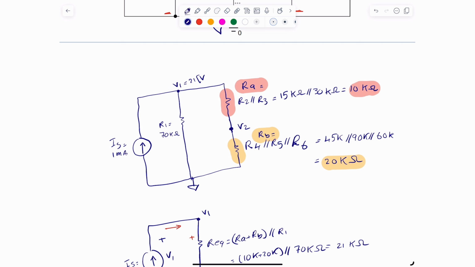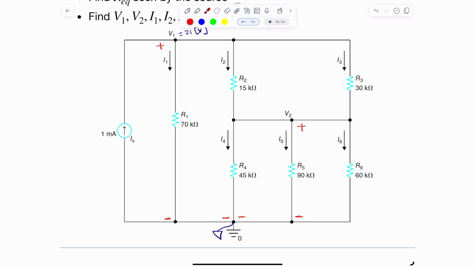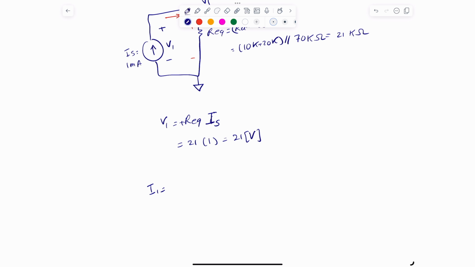All right, so of course, now we can figure out I1 if you think about it, because I know the voltage between here and here, and I know the resistor, so I can figure out what I1 is, and I1 is just an application of Ohm's law. So I1 is simply V1 divided by R1, which is 21 divided by, what's the value of R1?